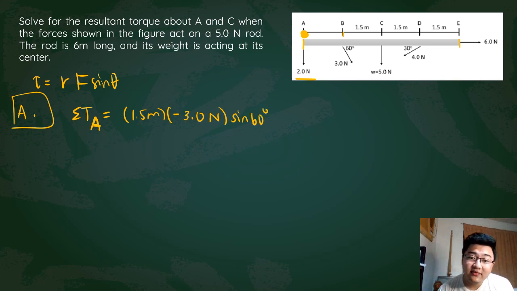Why is it negative? Well, it's negative because the perpendicular component is going down.